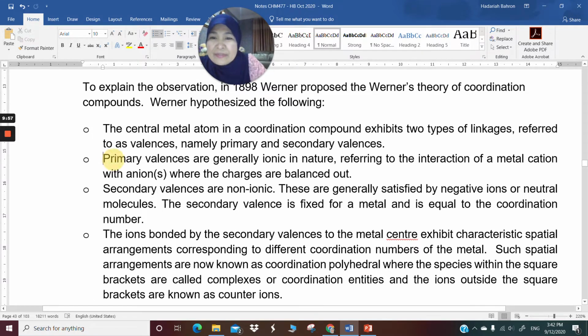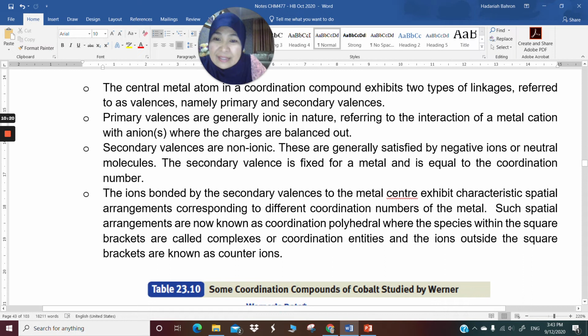Now, the primary valences are generally ionic in nature, referring to the interaction of the metal with anions where the charges are balanced out. So this is the oxidation state, just like in sodium chloride, Na+. The primary valence of sodium is 1. The secondary valences are non-ionic.